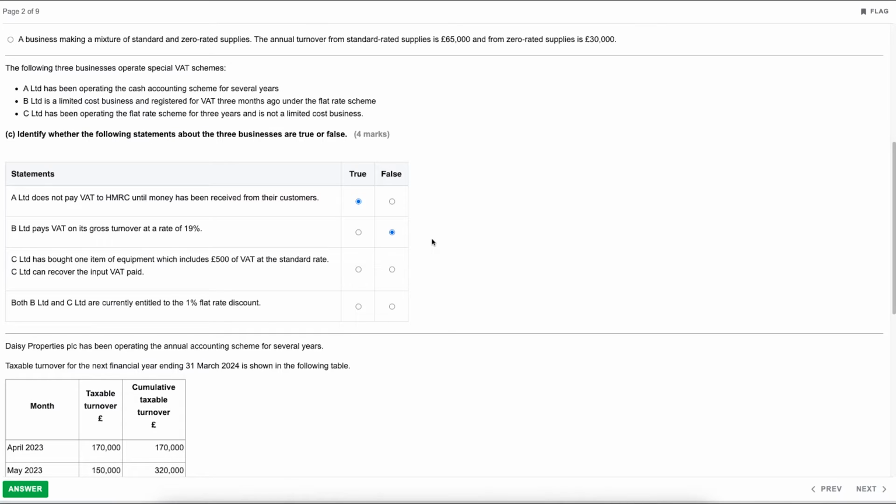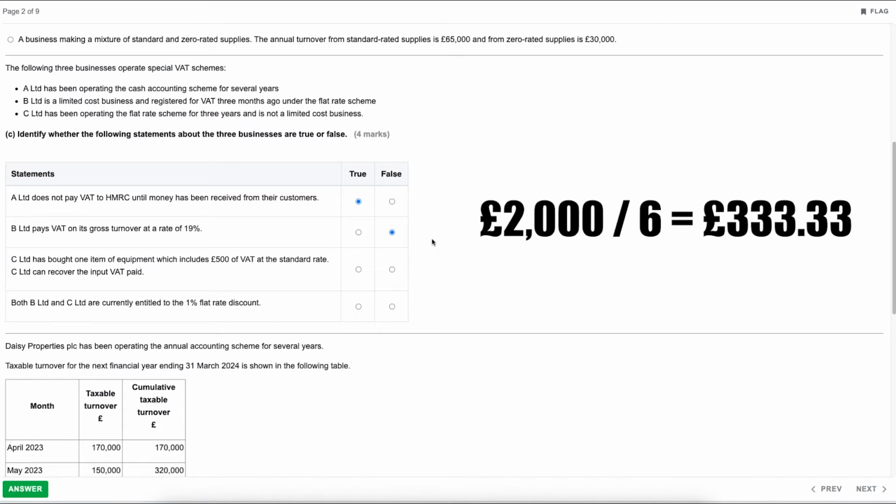So effectively, any asset that has VAT inclusive of over £2,000 will have VAT on that item of at least £333.33. Because if we calculate the inclusive VAT amount on £2,000, that's what the VAT comes back to, 333.33.